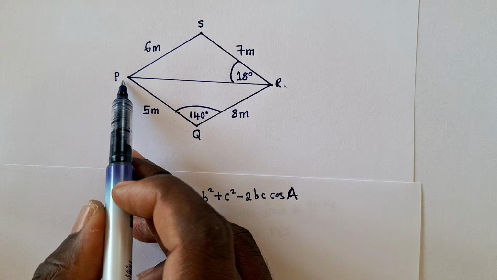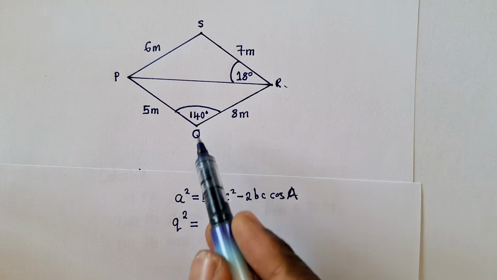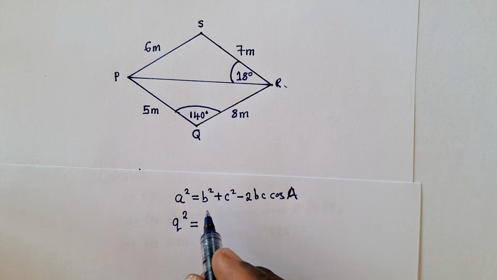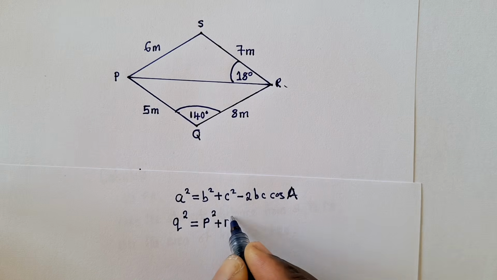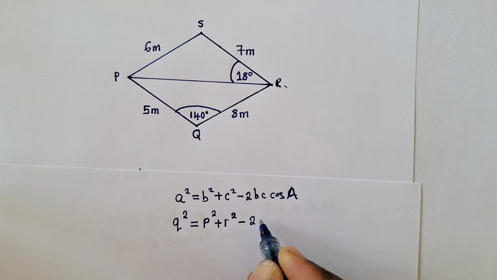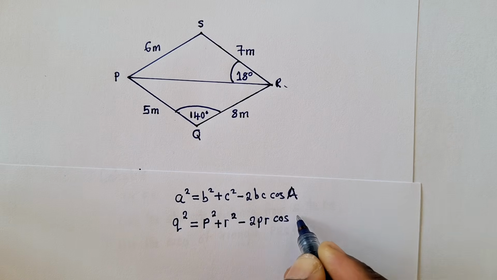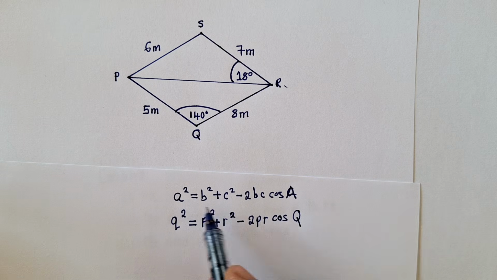It has got P involved, R involved, and Q also involved. Now that we've used this Q, we can now use any of these small letters. So small letter p, power 2, plus small letter r, power 2, minus 2, you get these two letters after writing it. You see? And then say cos, capital letter of the letter which is starting. This is Q. This is how you can derive your formula out of this.